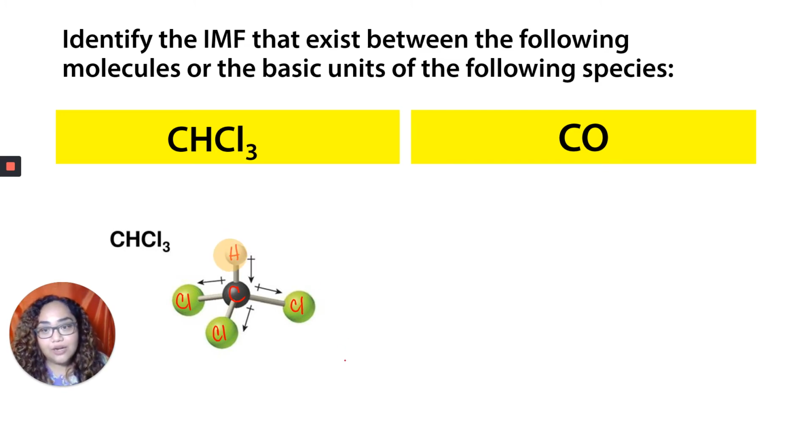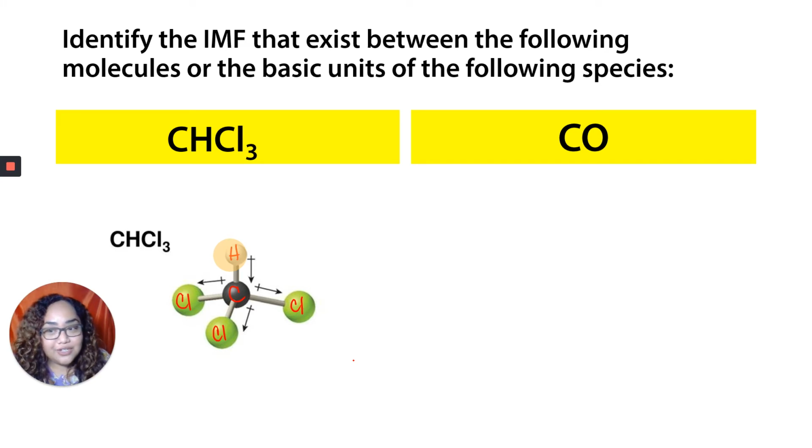Now, carbon would have a stronger electronegativity than hydrogen. So the electrons in hydrogen would spend most of their time towards carbon. But then chlorine would have a higher electronegativity than carbon.